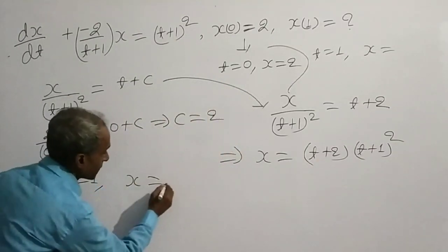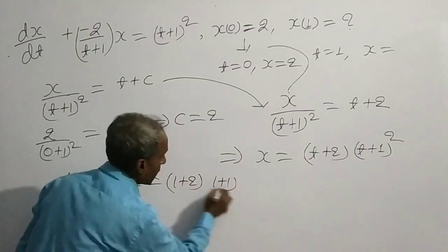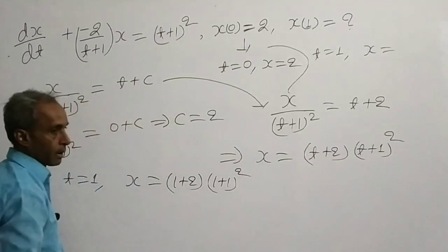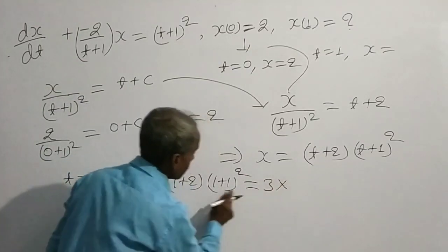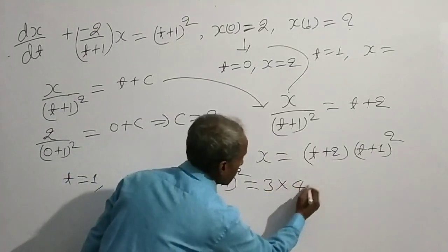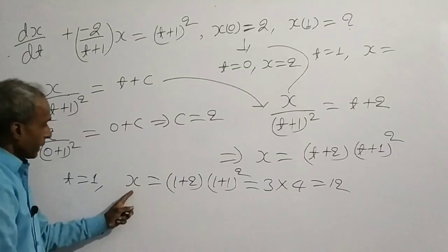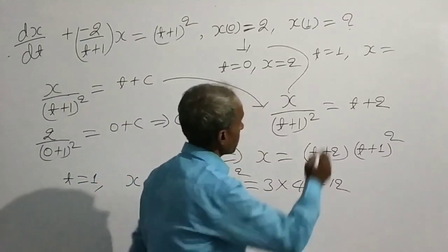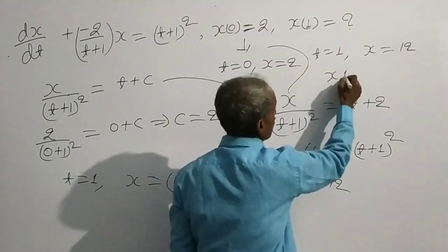We get x is equal to 1 plus 2 times 1 plus 1 square, that is equal to 3 times 4, that is equal to 12. x is equal to 12. That means x1 is equal to 12.